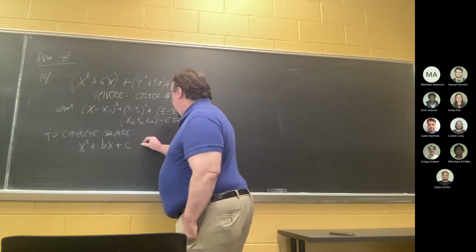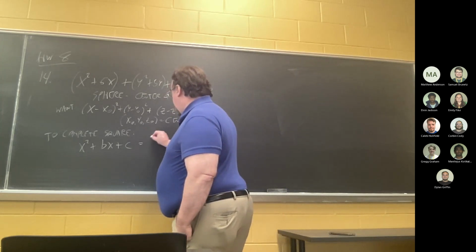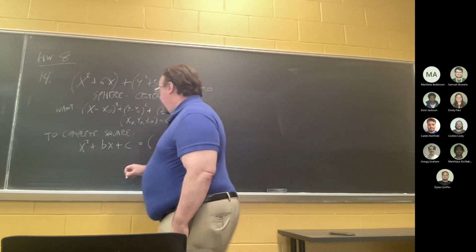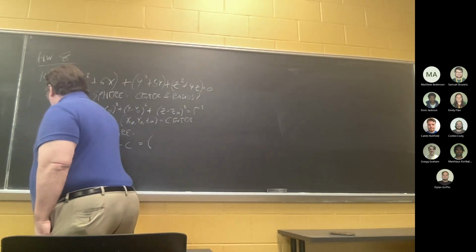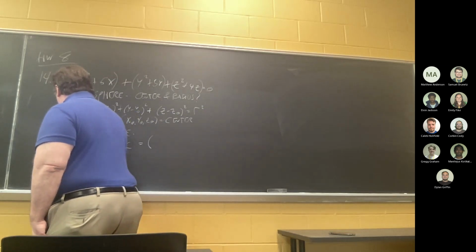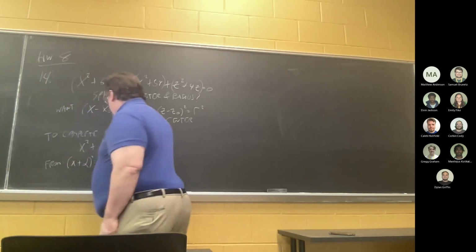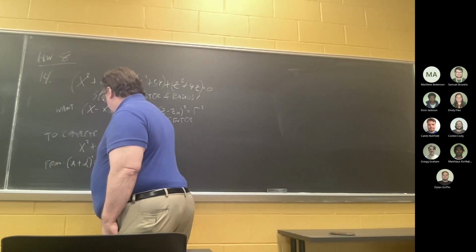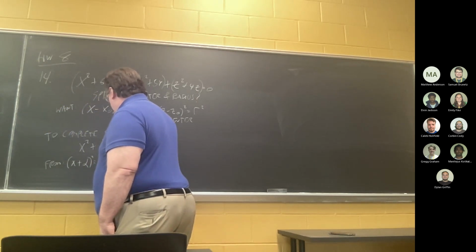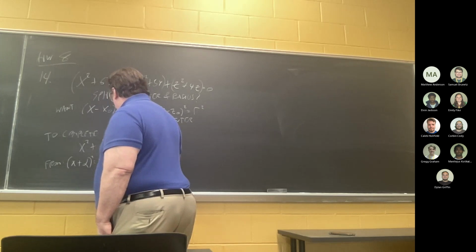The formula used for completing the square is the following. If I have x plus, let's make something up here, alpha squared, then what we get is x squared plus 2 alpha x plus alpha squared.